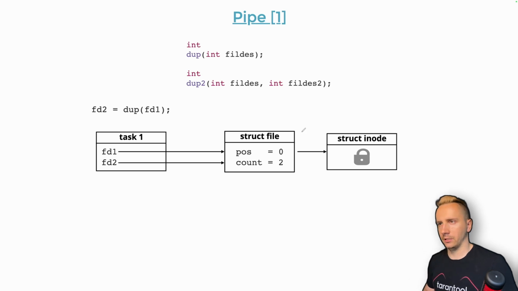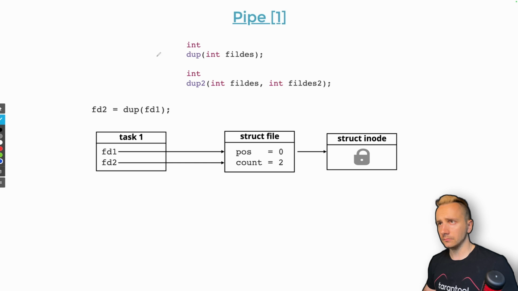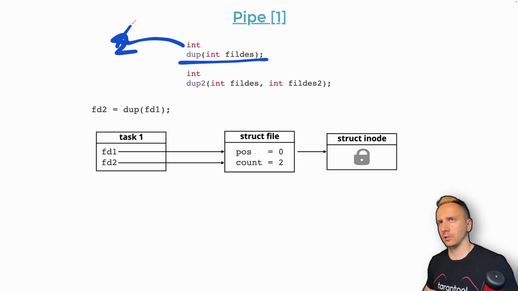And this struct file can be anything. It can be a file, a console, a socket, whatever else. This API works with any file descriptors. So dup will just return you a new file descriptor, a new number, not completely random, but you don't usually control which one.